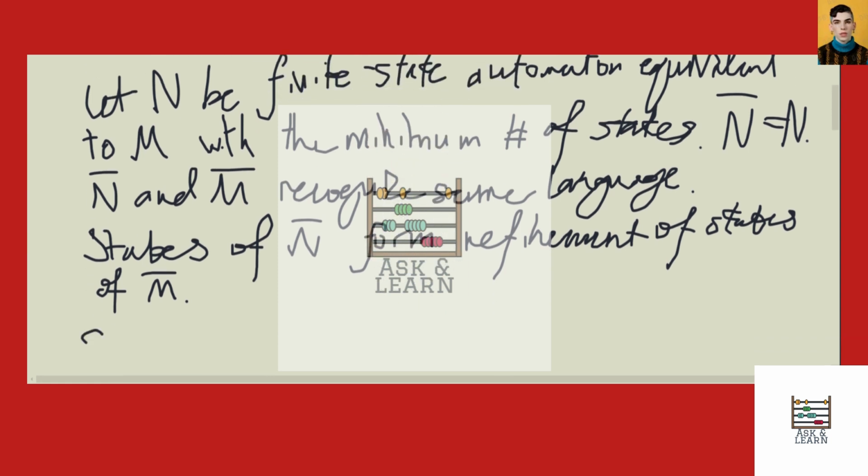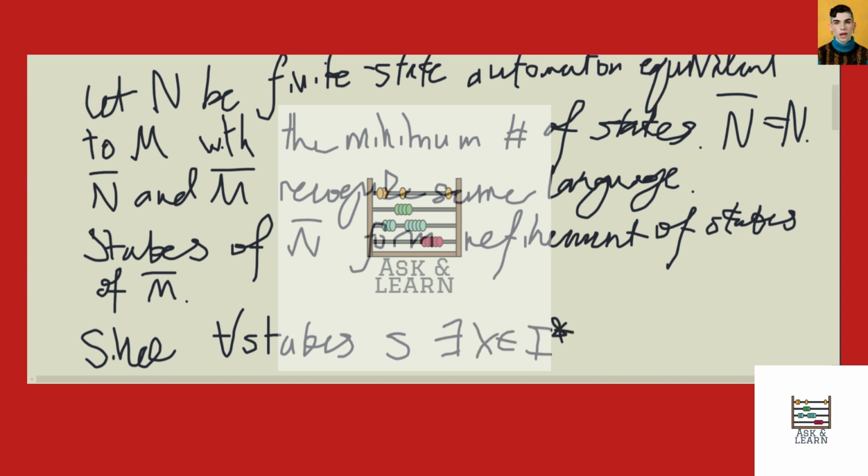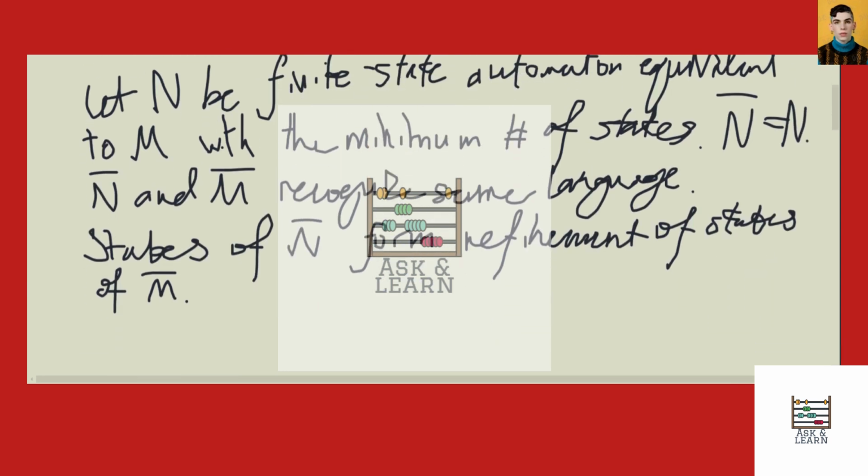Now, there are no empty equivalence classes in M bar. Because we have that for all states S, there is a string x in I star such that f of s0 x is equal to s.